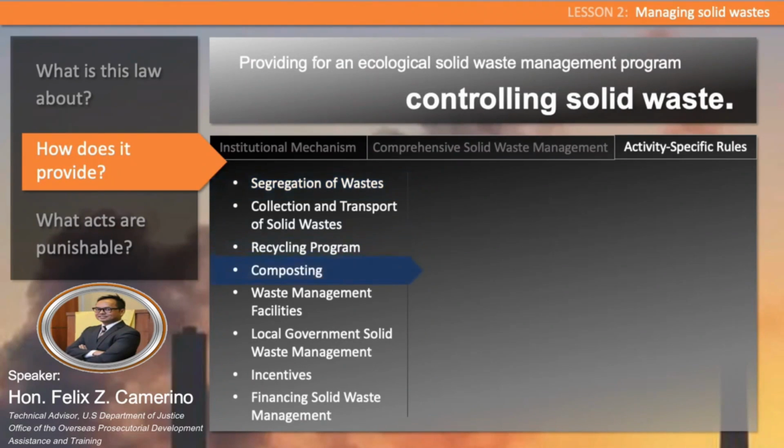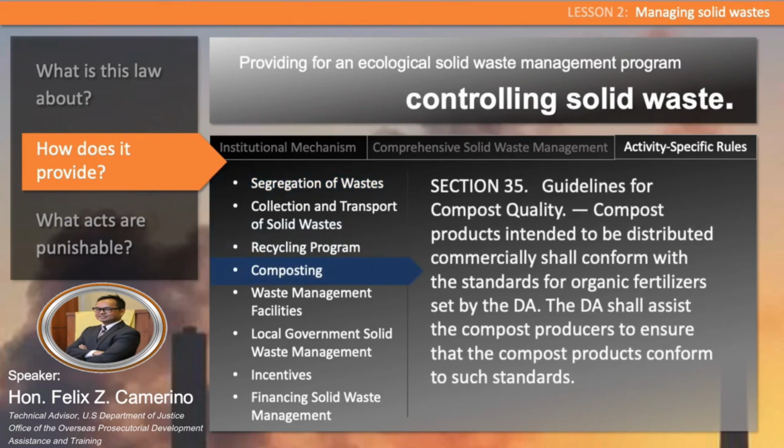Okay, this one, let's take a look at composting. Now this one, the rule that the law provided essentially just makes it so there is a standard that has to first be met, okay, in order that compost products may be commercially distributed. So before they are commercially distributed, these compost products must first meet the standard for organic fertilizers as set by the Department of Agriculture.